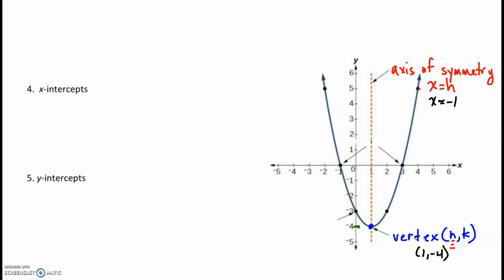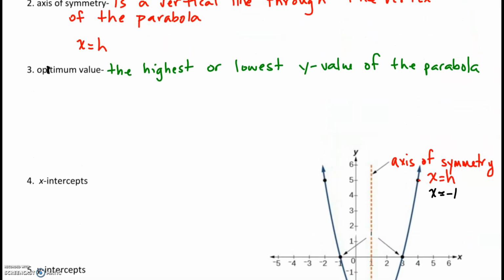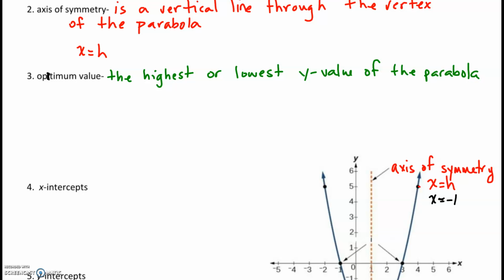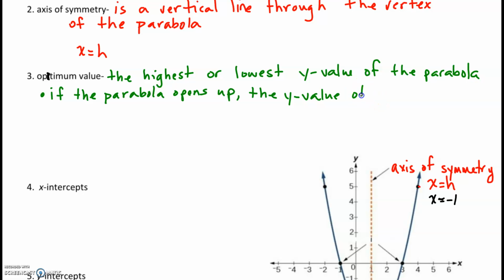In this case, it's the lowest because the parabola is opening up, and if the parabola opens down, it's going to be the highest. So let's go ahead and put both of those in. So our first point will be if the parabola opens up, which is what our example is below, then the y value of the vertex is called a maximum.